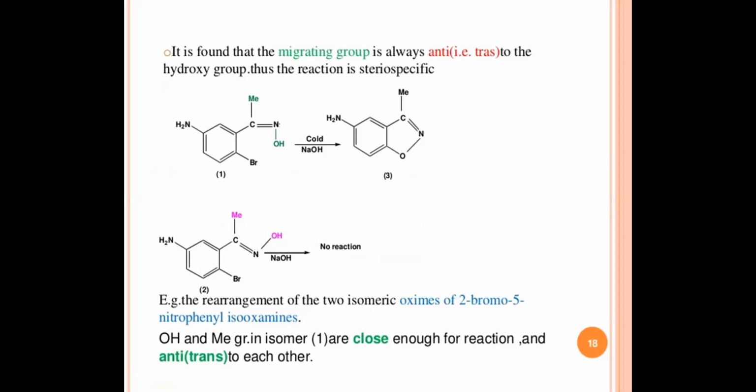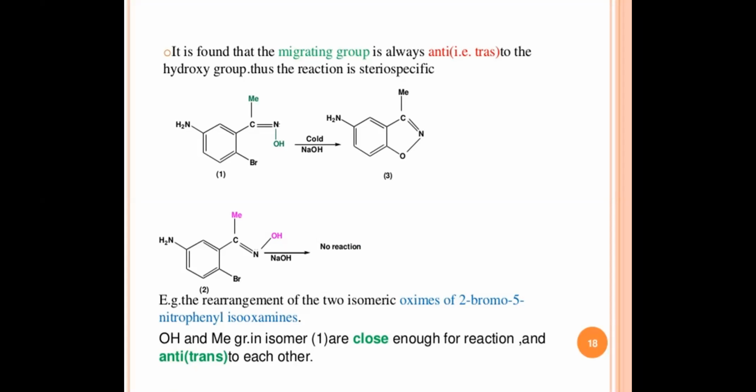It was found that the migratory group is always anti to your leaving group. If you see the following example, it is a stereospecific type of reaction.